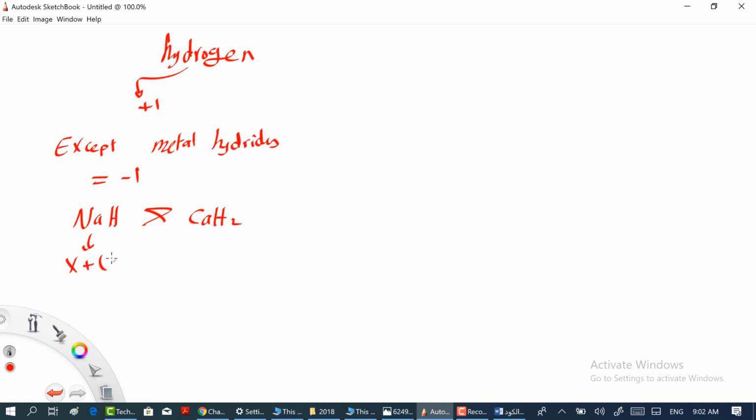X plus positive 1 equal 0, X equal -1. X plus 2 multiply positive 1 equal 0, X, in this case when having only the calcium, not correct. 2X plus 2 equal 0 for the calcium.